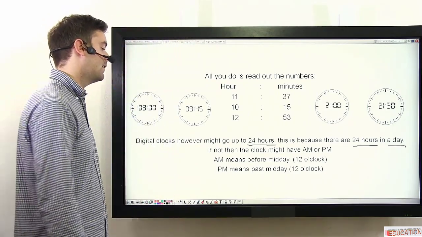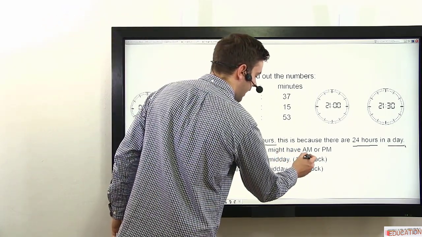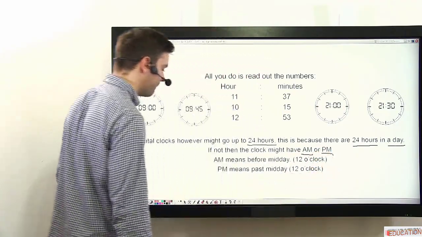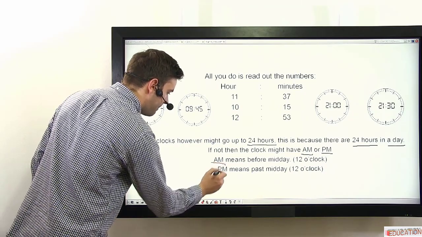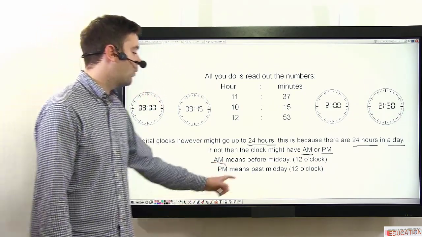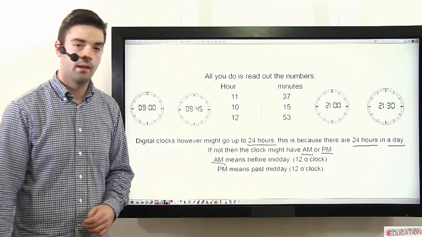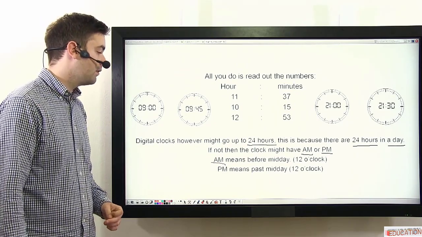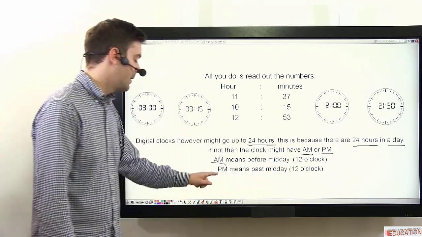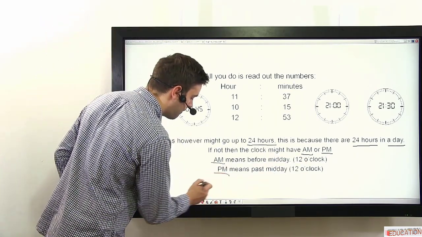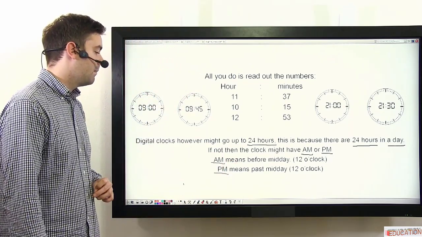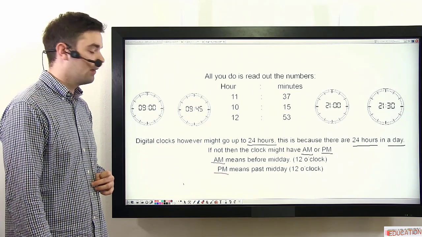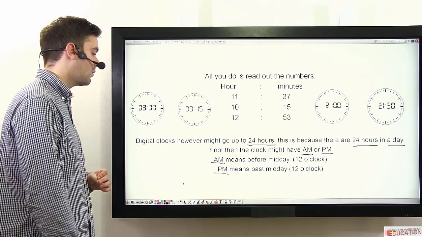If not, then the clock might use AM or PM. AM means before midday, which is 12 o'clock. PM means past midday. So any time past 12 o'clock.